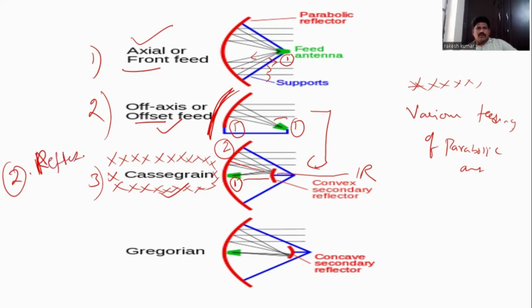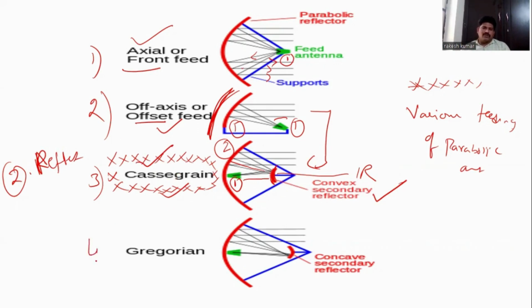What is the first reflector's shape? The shape is convex. If the first reflector is convex in shape, we call it Cassegrain. The most practically used feeding technique of parabolic antenna is the Cassegrain feeding technique.